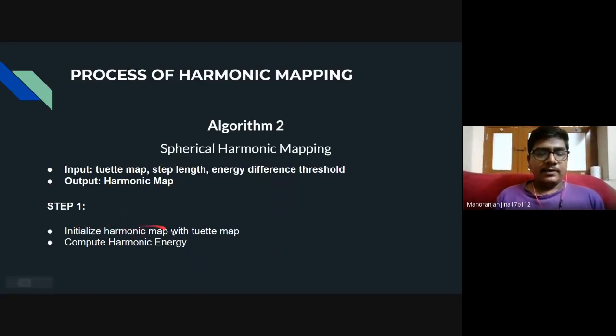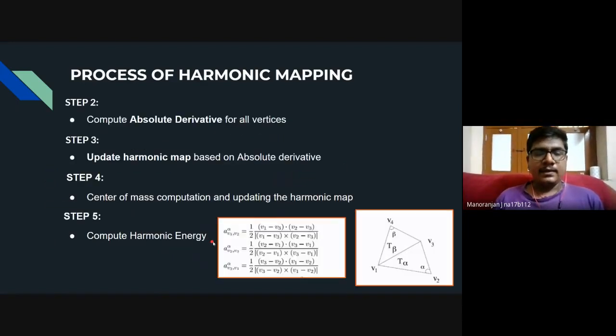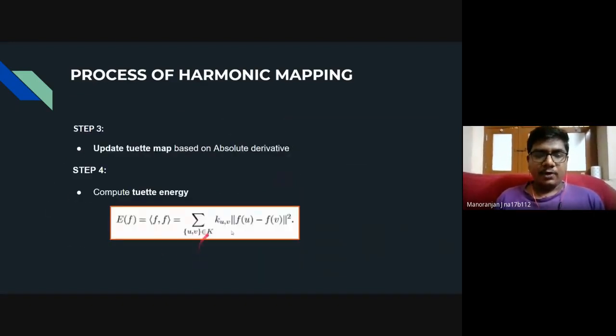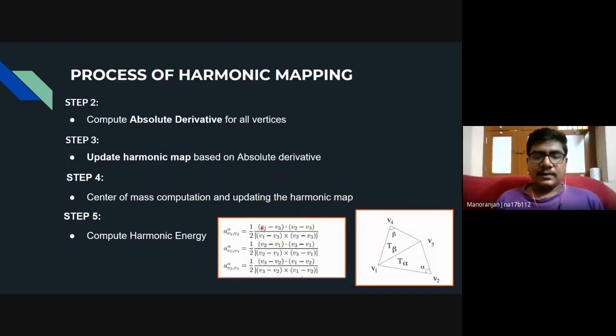Here, as I said before, we'll be initializing the harmonic map with the Tutte map. Then we compute the harmonic energy. Harmonic energy here goes with the same formula as this, but the KUV that we are using will be different here. The KUV is given by this formula.